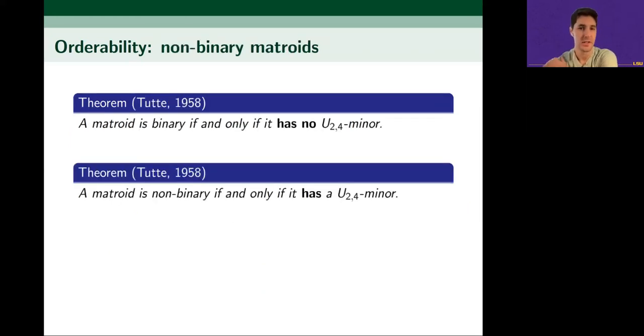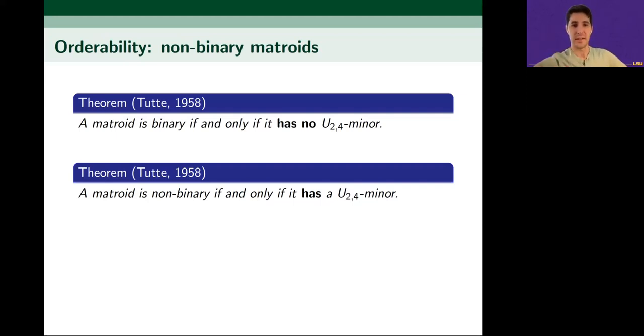So now we're going to transition out of binary into non-binary. What I've given you here are two statements of the exact same theorem. So a matroid is binary if it doesn't have a U2,4 minor, and it's non-binary if it does have a U2,4 minor.